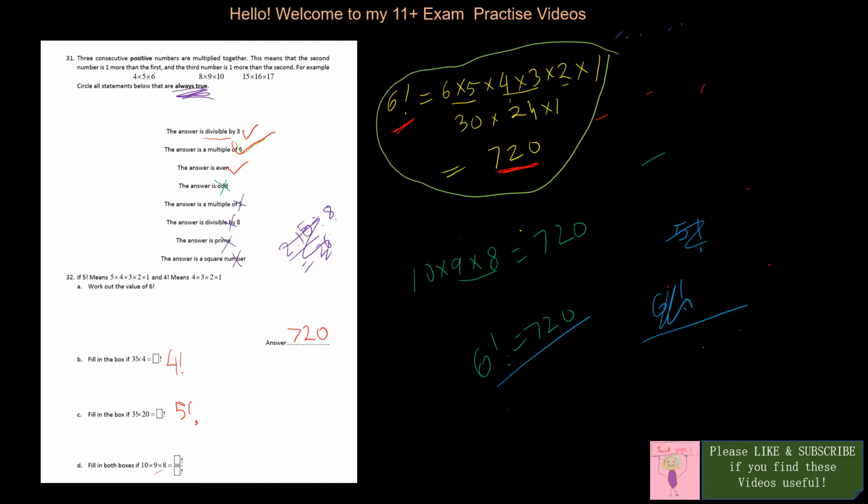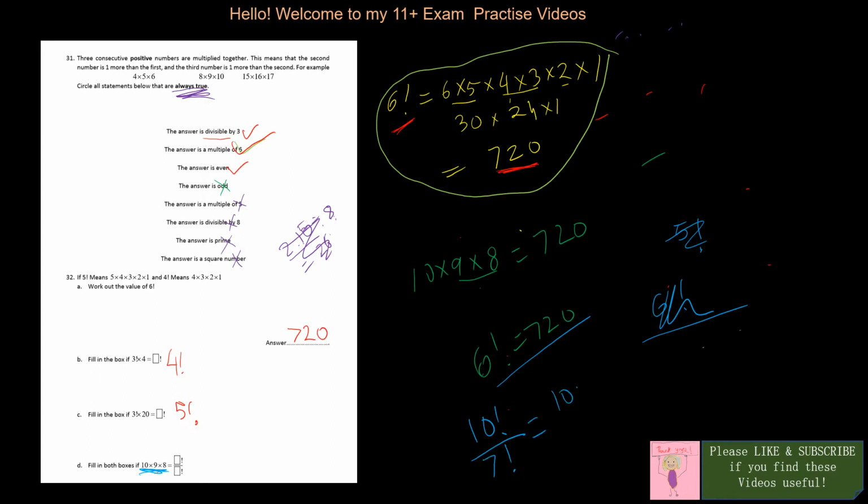Now wait, if we do, see we have 10 times 9 times 8, should have thought of it earlier. So this is going to give us, if you do factorial 10 divided by factorial 7, what will you get?